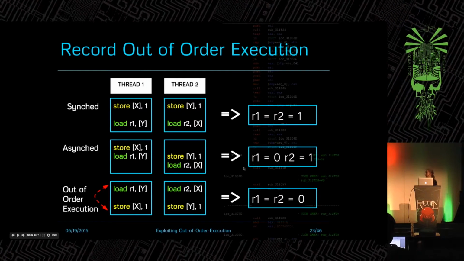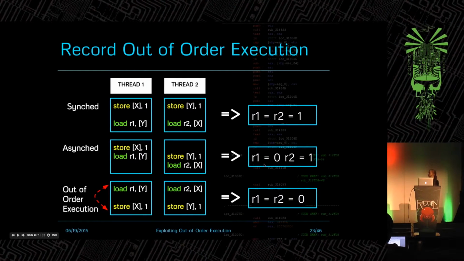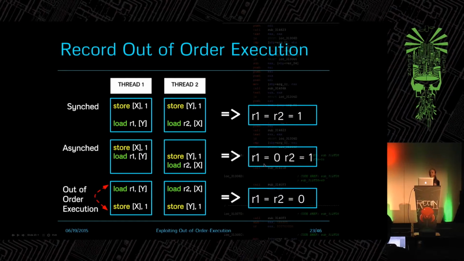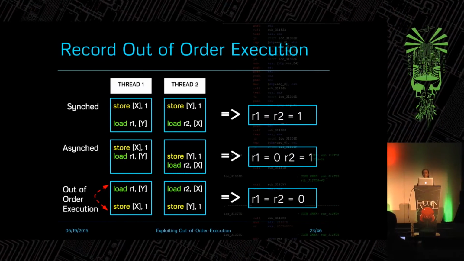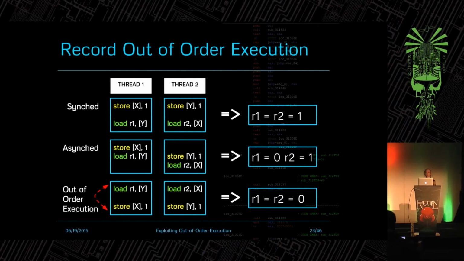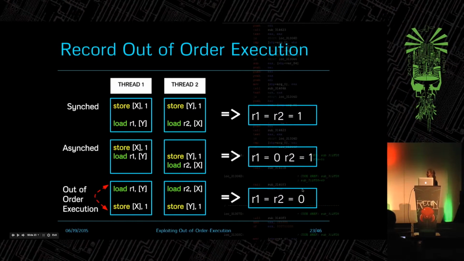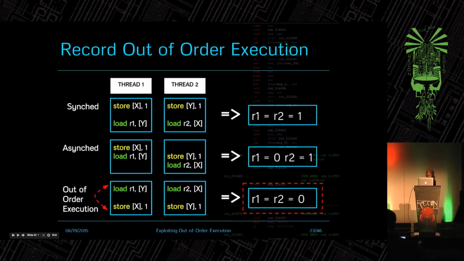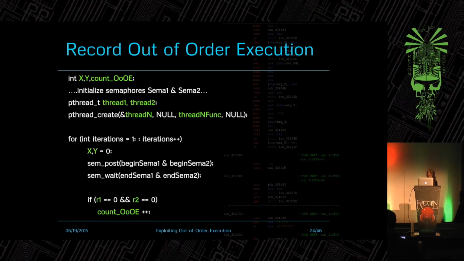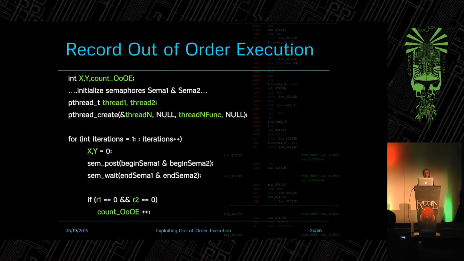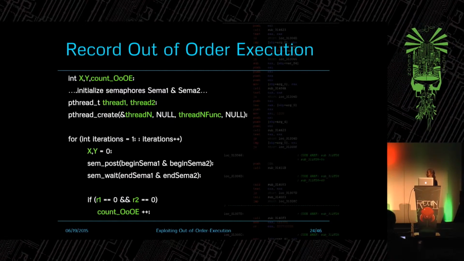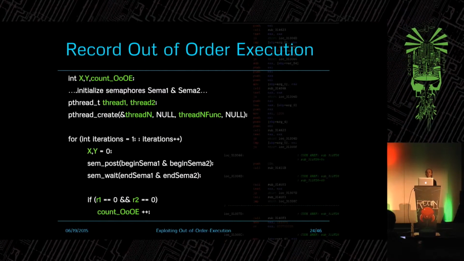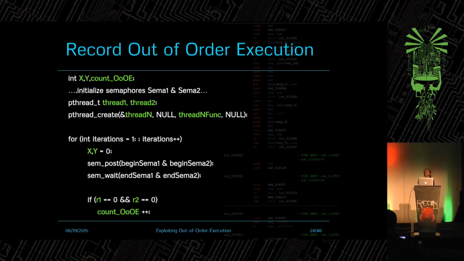However, in the final case, the out-of-order execution case, the loads are actually reordered in front of the stores. And in that scenario, x and y were preset to 0. We're going to get R2 and R1 equal to 0 as well. And that's the out-of-order execution case we can count. And so this is just the pseudocode of our receiver. We're iterating through these two threads thousands and thousands of times in certain time frames.